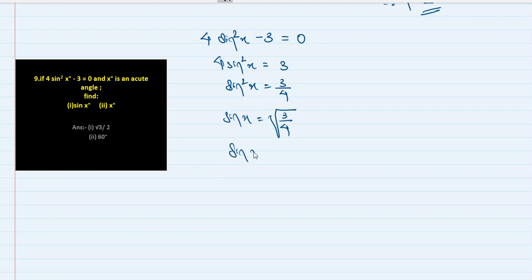So sin x will be root 3 by 2. So sin x can also be written as sin 60. So x is equal to, I'm sorry for that, removing sin from both the sides, we get x is equal to 60 degrees. This is your second answer and this is your first answer. So 5 steps and you get your answers. Very easy.